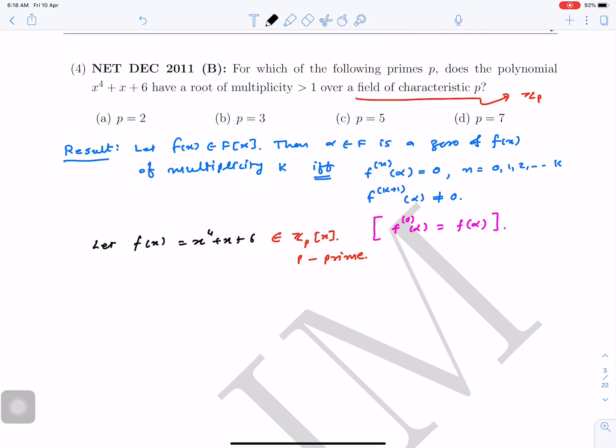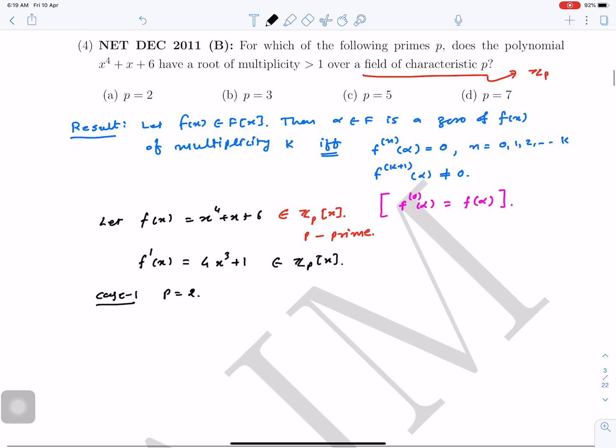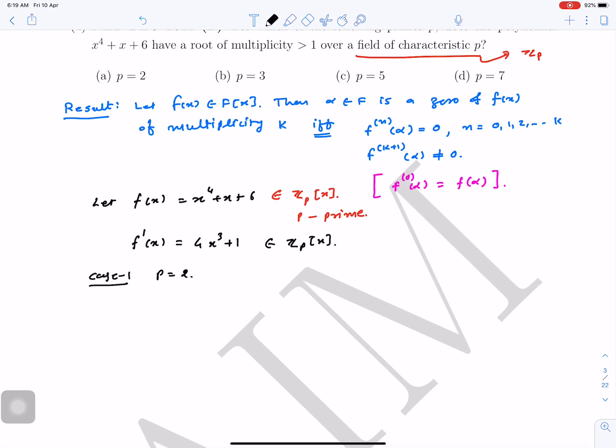So now let us consider its derivative. So f dash x will be what? 4x cube plus 1. So again it is over Zp x. So now let us consider case 1. P is equal to 2. So for p equal to 2, our f(x) is equal to x raised to 4 plus x plus 6.